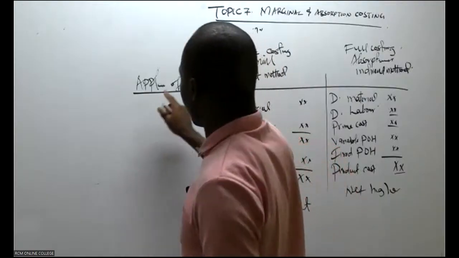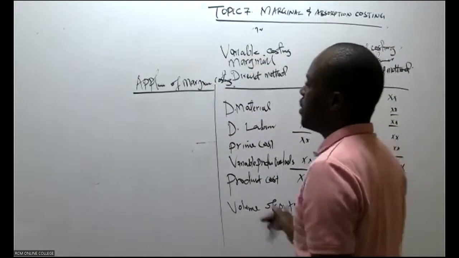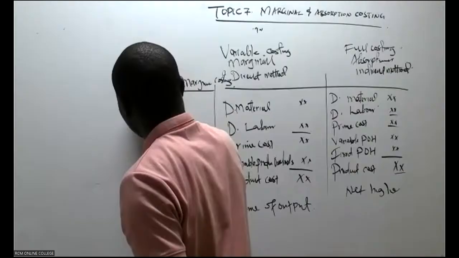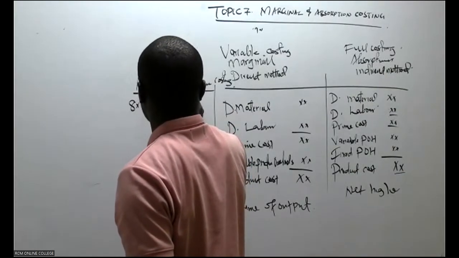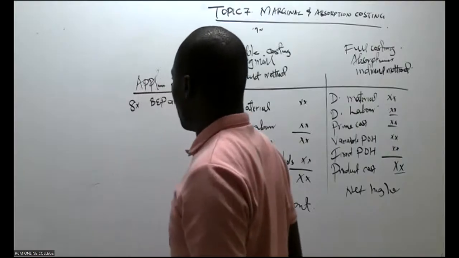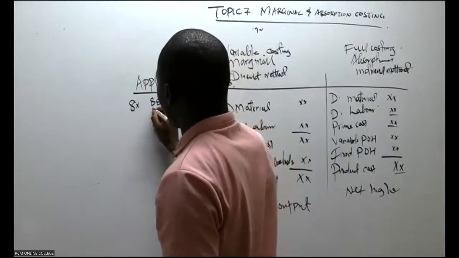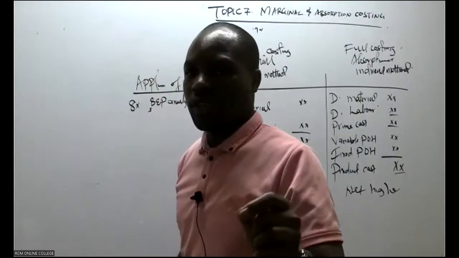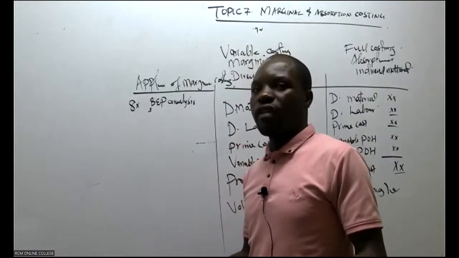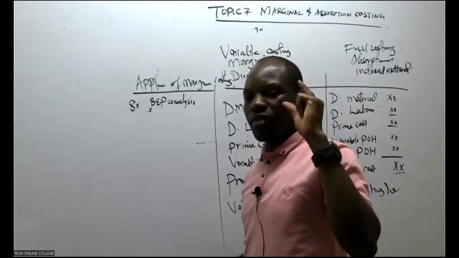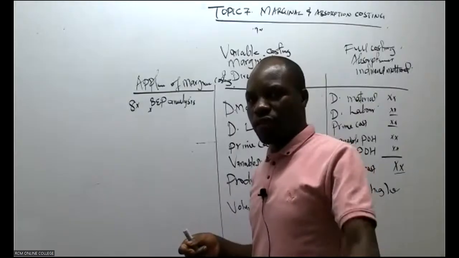So if you are now able to understand marginal costing itself, when we get to topic number 8, where we are going to discuss break-even point analysis, you will be good to go. Because under break-even point analysis, you're going to find that one of the assumptions is that the profit of a company or sales are dependent on the volume.